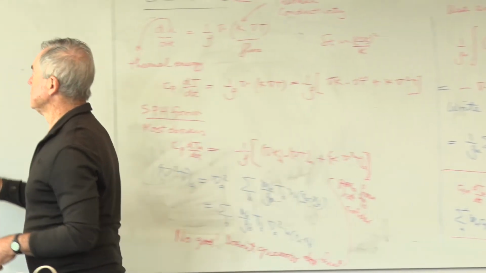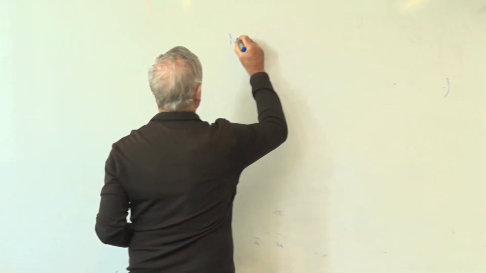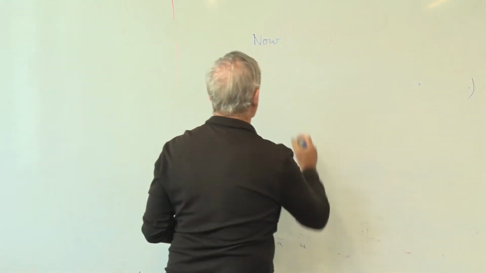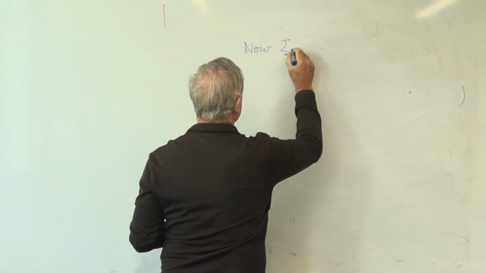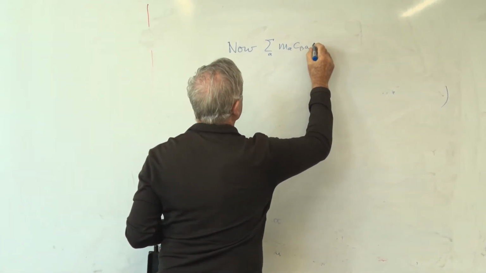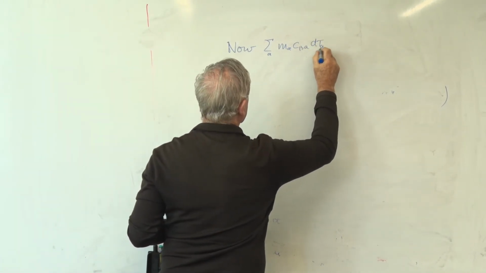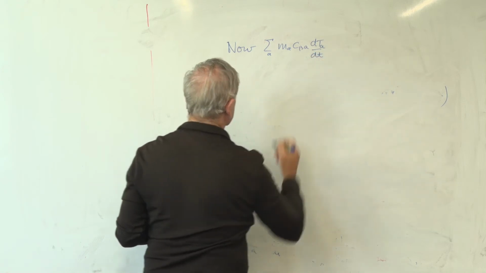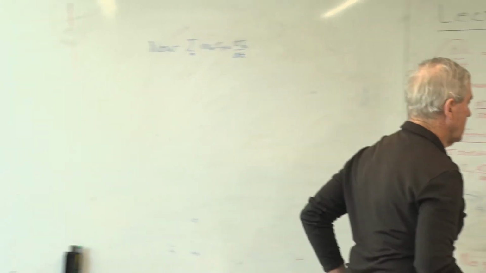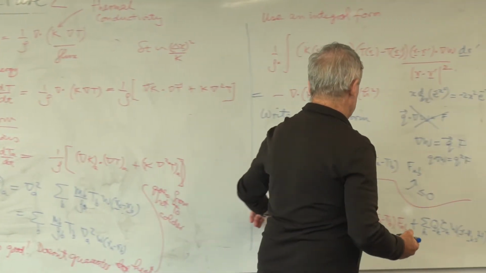So now, the sum over A of M_A C_P of particle A dT_A/dt, which can be written as the rate of change of thermal energy. So I'm doing this.